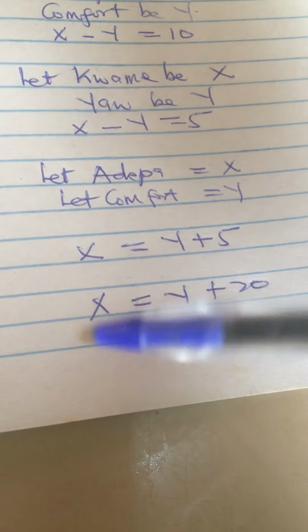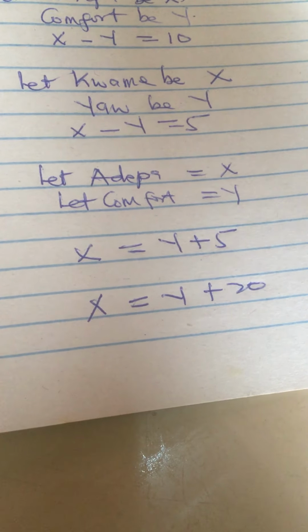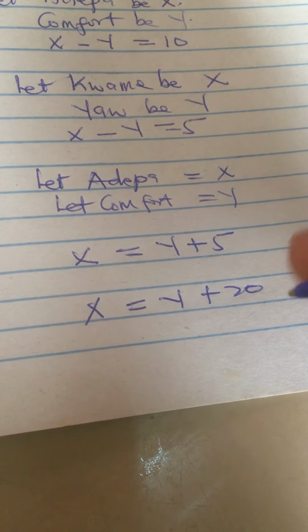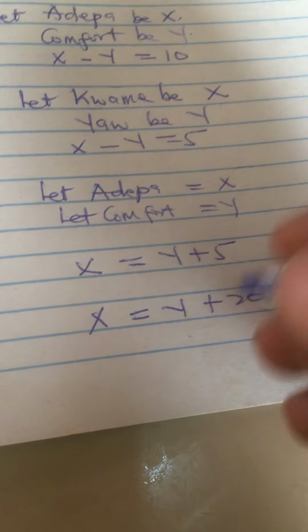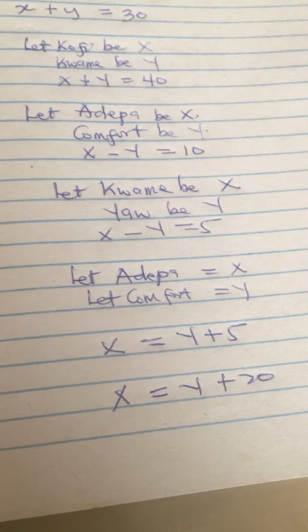So if Adepa is 10 years older than Opanka, it means if Opanka is 10, Adepa will be 20. If Opanka is 20, Adepa will be 30. If Opanka is 40 years, Adepa will be 50 years. If Opanka is 60 years, Adepa will be 70 years.